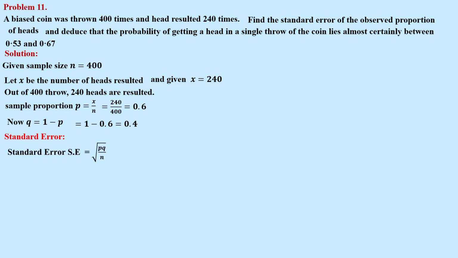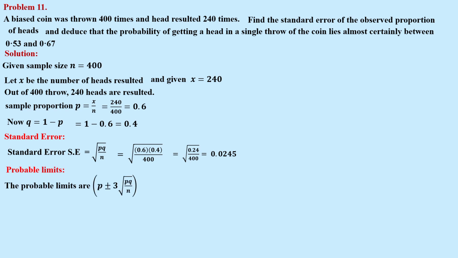So standard error is equal to root of pq by n, that is root of 0.6 into 0.4 by 400, that is equal to 0.0245. Probable limits formula is p plus or minus 3 root of pq by n. We are taking z alpha is equal to 3.